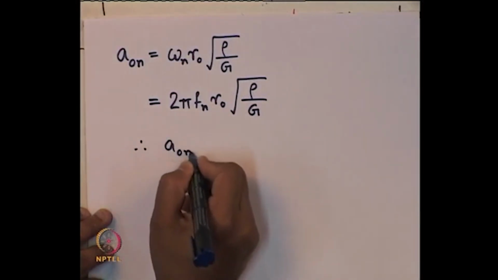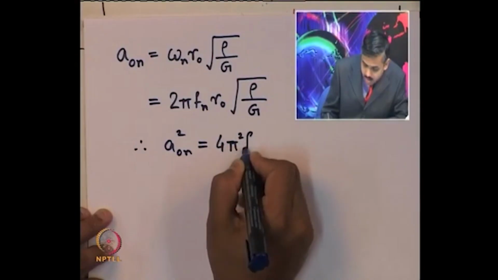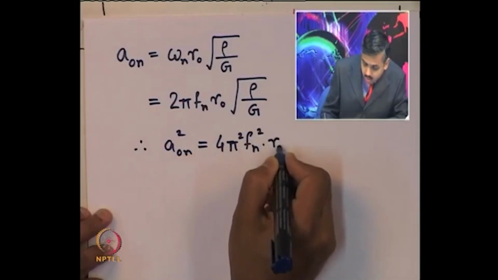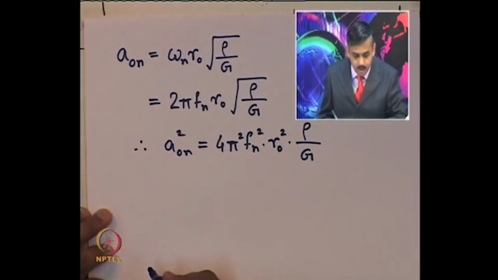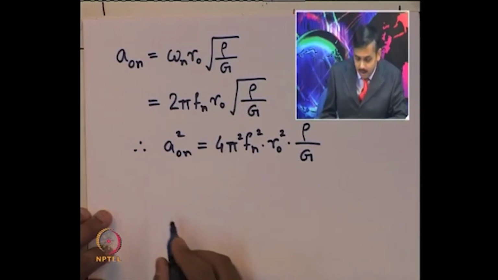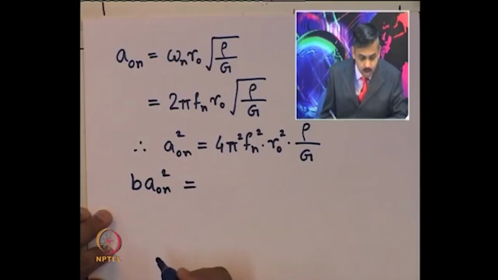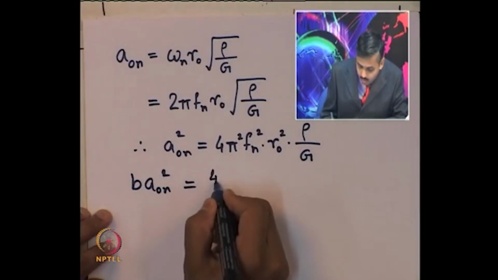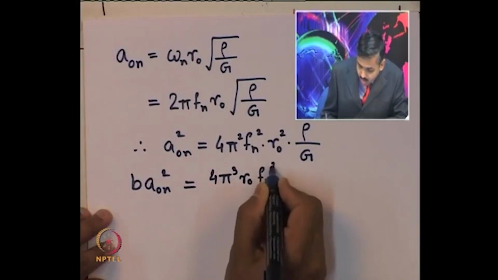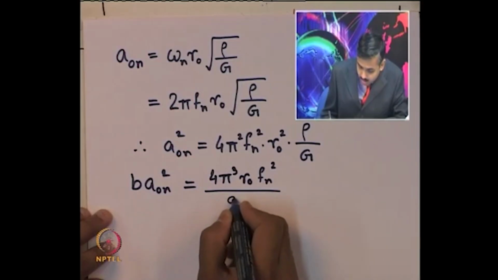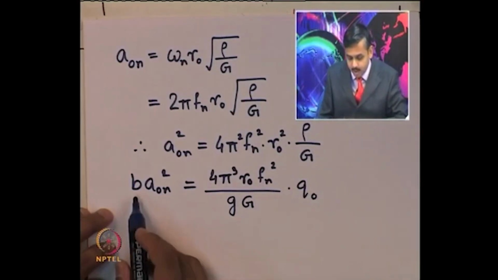Therefore, A naught n square will be 4 pi square f n square r naught square times rho by g. So, if we simplify the expression of B A naught n square, in this case what we will get? 4 pi cube r naught f n square by g g into q naught, by putting the expression of B.